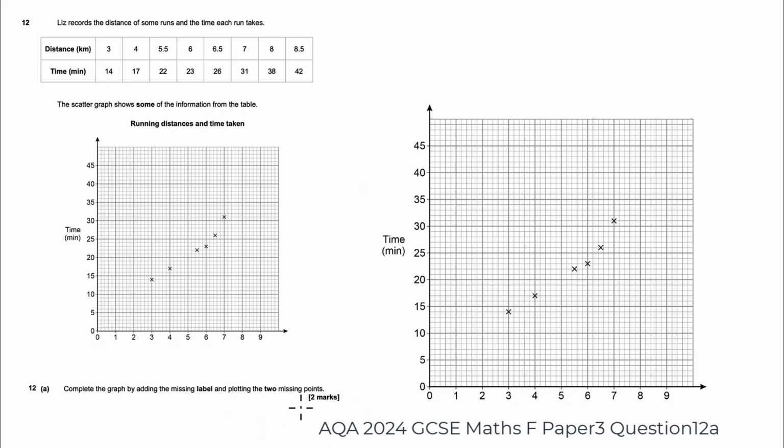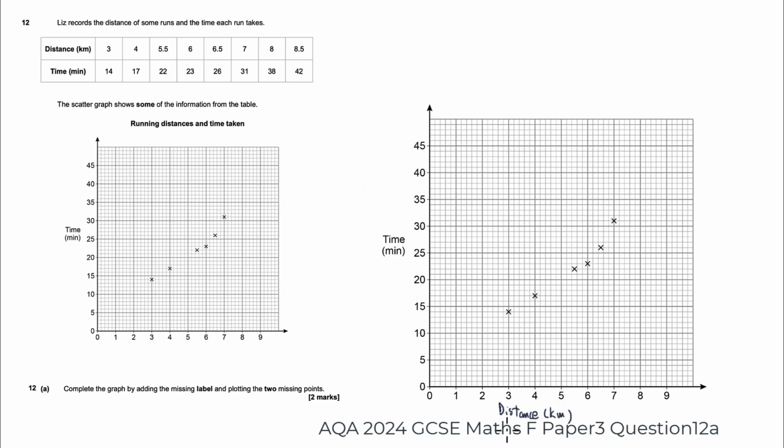So the first thing is the missing label, and since we've got time in minutes on the y-axis, along the x-axis we'll have distance in kilometres, so that should go in. Distance, and we'll put the units, kilometres.